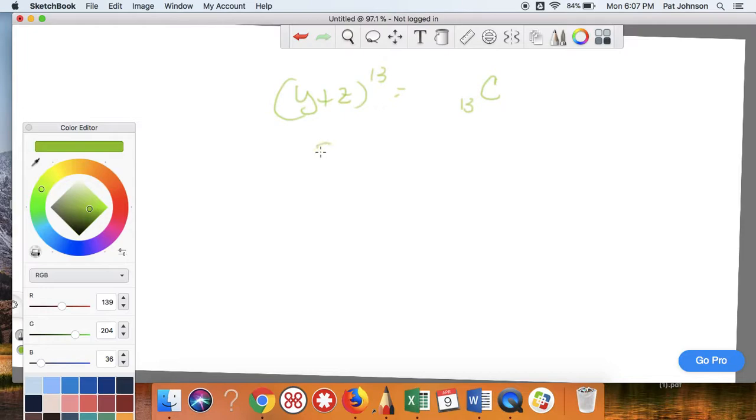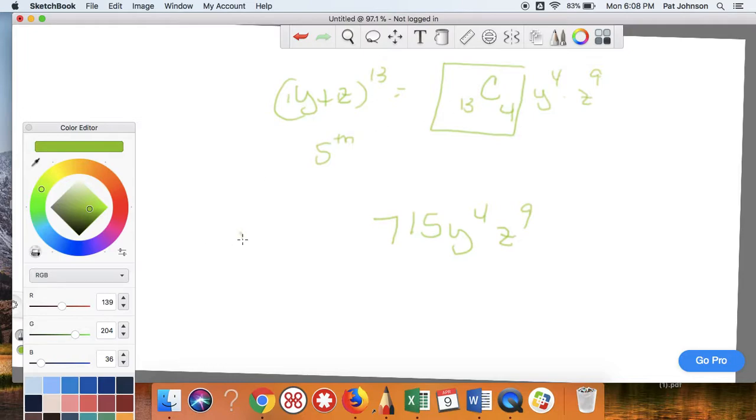They want the fifth, so the fifth is going to be 5 minus 1 is 4, and then times y to the 4th power, remember this has the same, times z to the 9th, because these two have to equal 13. And then you put this in your calculator since they both have a coefficient of 1. And you get math, probability, 3, 13, and 4, and you get this. The fifth term is 715 y to the 4th, z to the 9th.